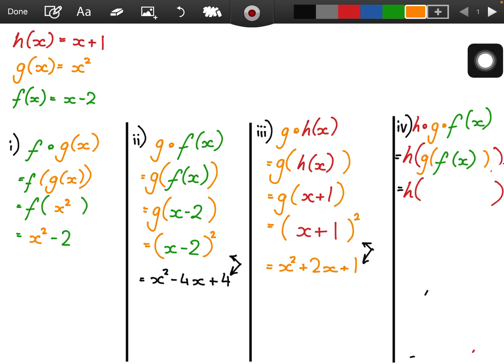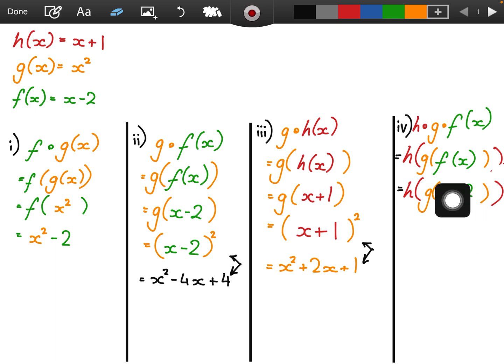So I am going to start off by replacing that very inside bracket as much as possible, the f of x part, and I can replace that with x minus 2. And then I want to try and get rid of this inside part. So I'm going to apply the function g on x minus 2.